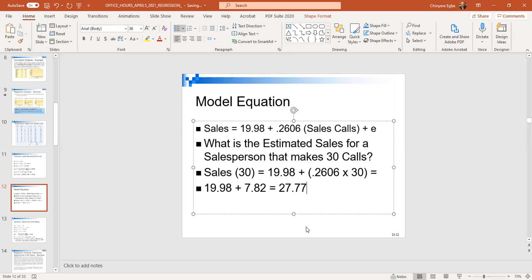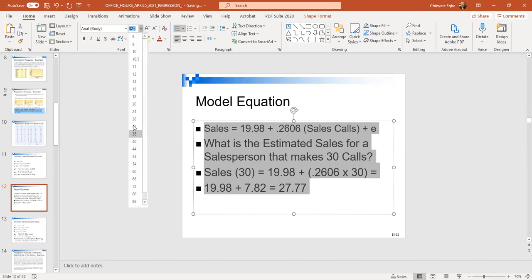27.77. So somebody that makes 30 calls will, by estimate, make 27.77 of sales. Now this is an estimate, it's not exact. Maybe 27,000, maybe 270,000, whatever it is. That is how to estimate it.